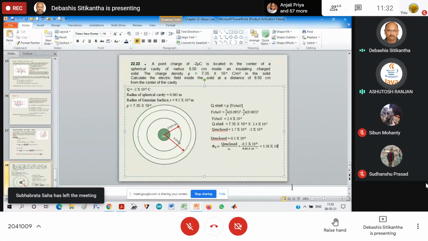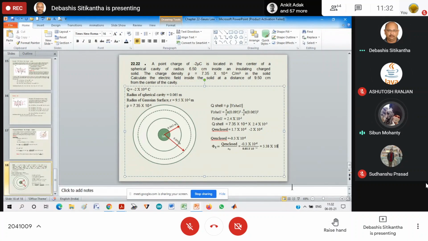I don't think so. So 0.03 into 10 to the power 6, that's correct. So this will be minus 8, plus 8. Yes, same thing. Those who can't understand, please note.